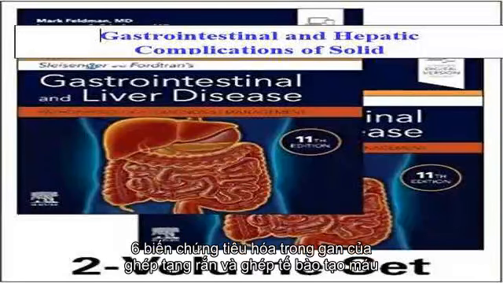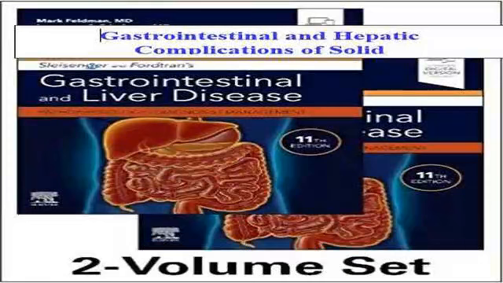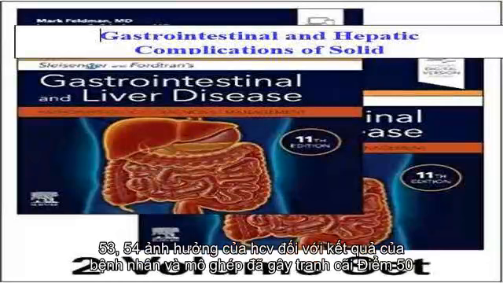Chapter 36, Gastrointestinal and Hepatic Complications of Solid Organ and Hematopoietic Cell Transplantation. HCV infection ranges from 5% to 66% of KT and KPT recipients, depending on country of origin. The effect of HCV on patient and graft outcomes has been controversial.